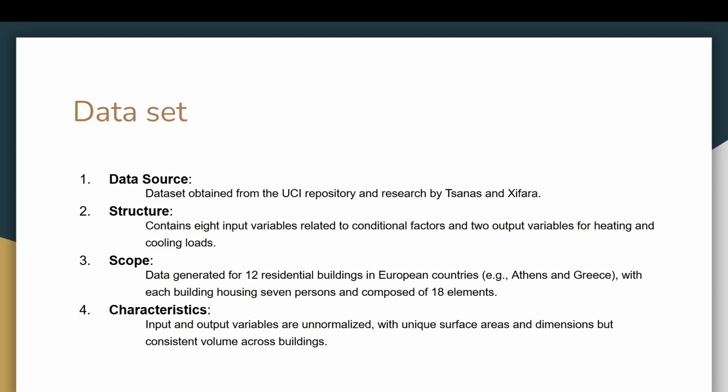The data was generated for 12 residential buildings in European countries like Athens and Greece, with each building housing 7 persons and comprising 18 elements. The input and output variables were not normalized, and the dataset included information on the surface areas, dimensions, and volumes of the buildings.